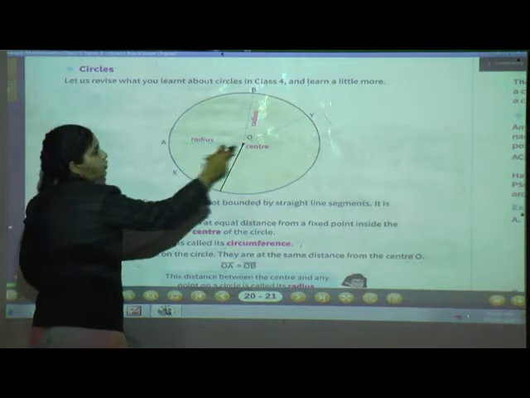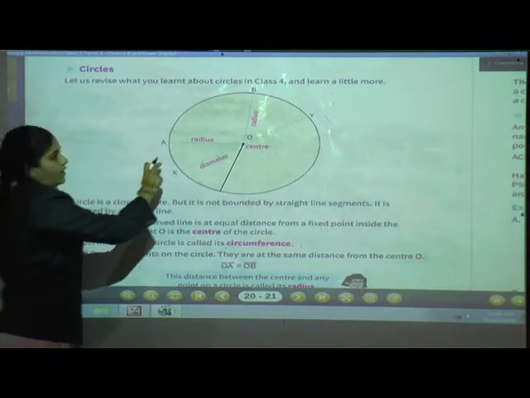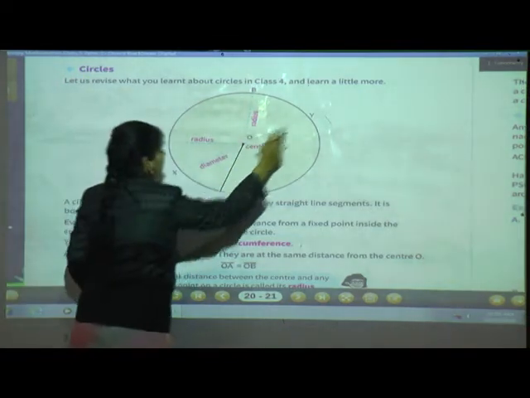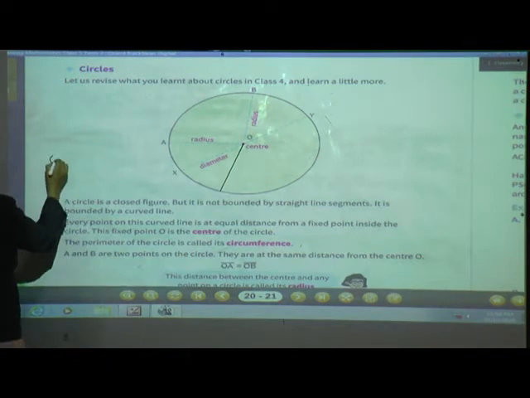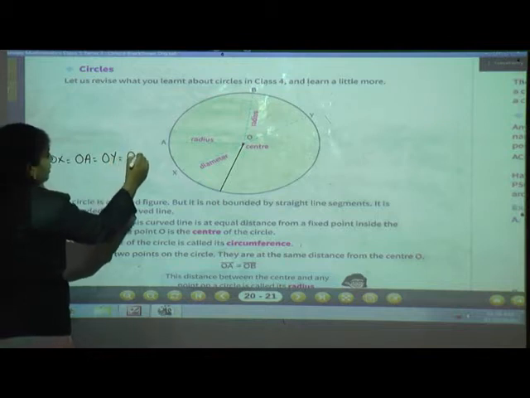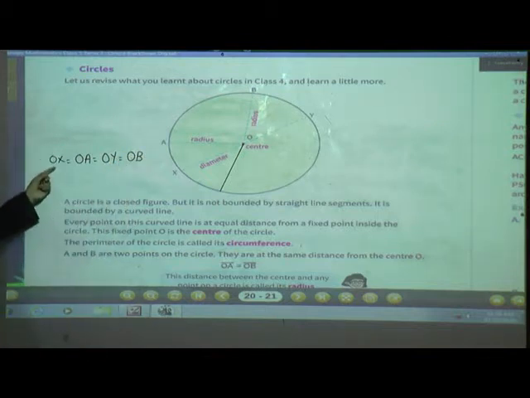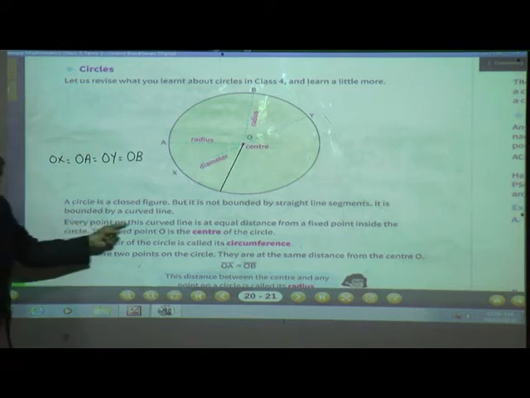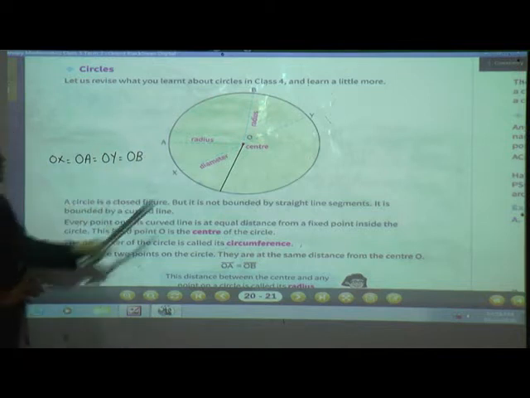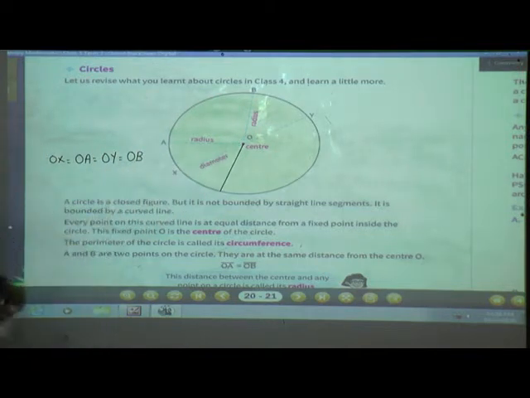Even it is equal to OA, OB and OY. That means OX is equal to OA is equal to OY is equal to OB. That means the measure of these four are the same, because every point on this curved line is at equal distance from the center.